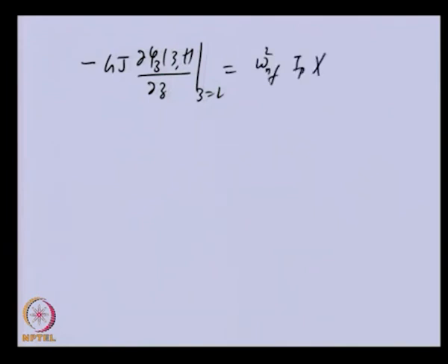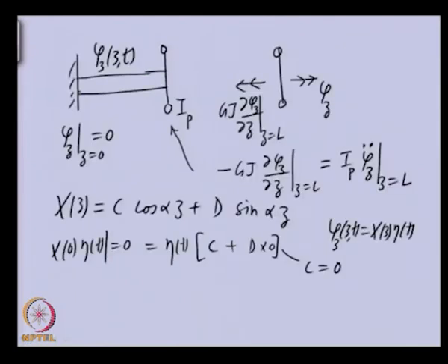The boundary condition I am rewriting like this, and because we have the harmonic function eta, we are able to write, so basically here if we substitute this, we will get the negative of that.